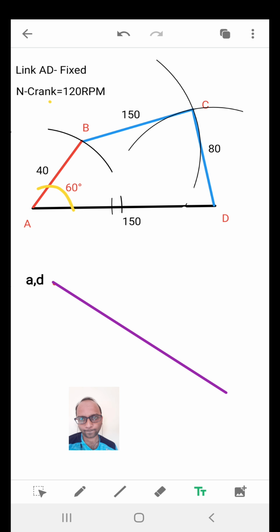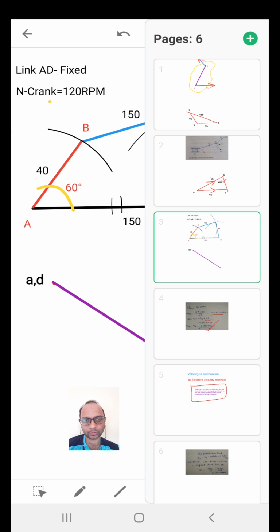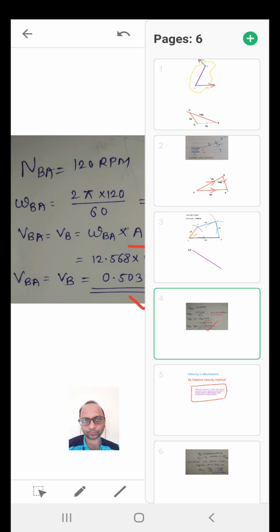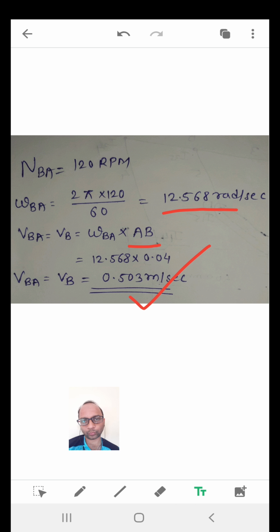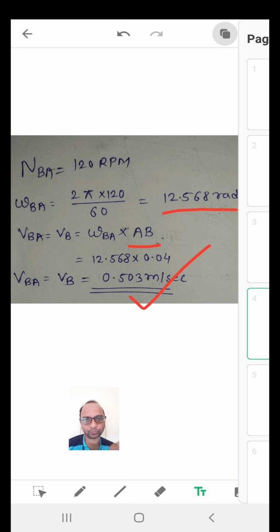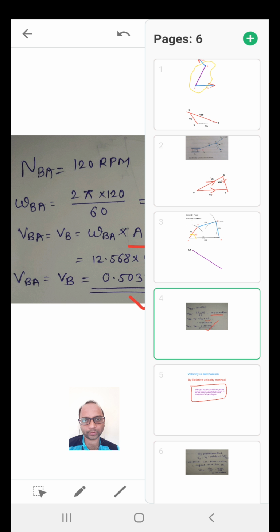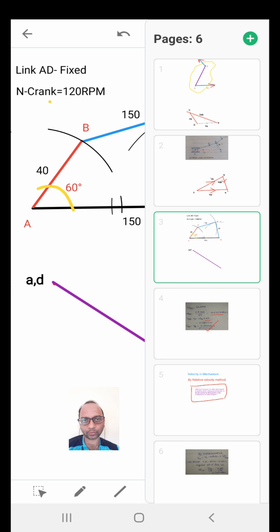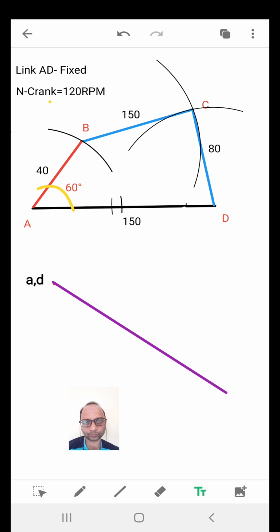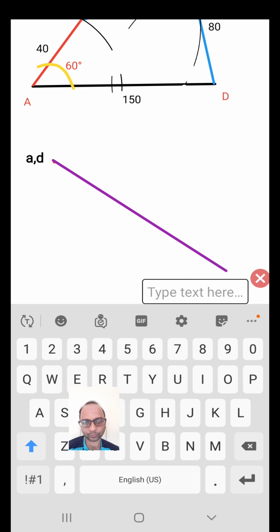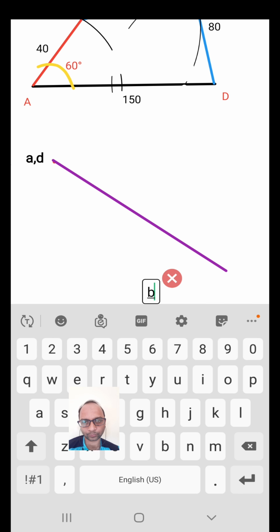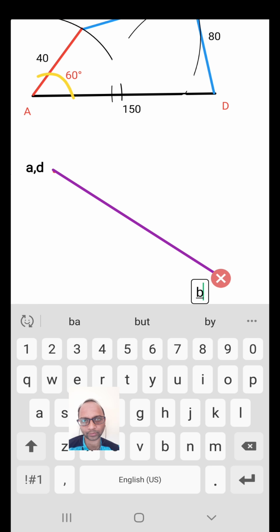So then, moving forward, we already calculated the velocity of VB equal to 0.503. So at some suitable scale we have to draw A to B by using a suitable scale.